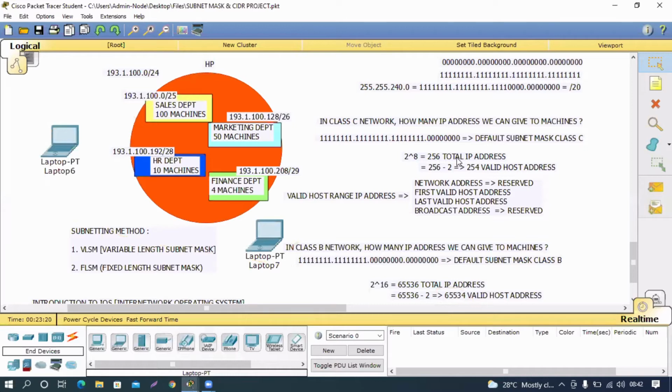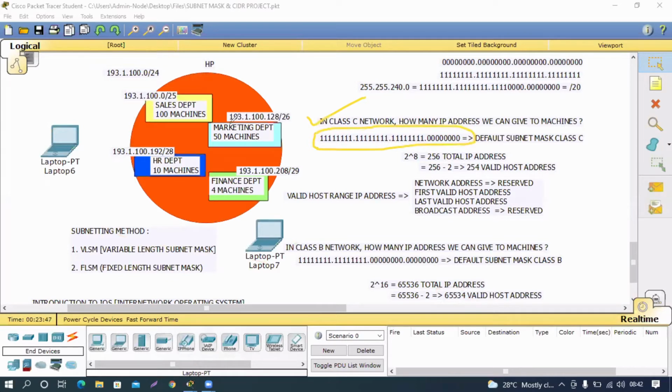But still we are wasting IPs. Even in class C we are wasting IPs. 154 IP addresses are wasted. So what exactly we are doing is dividing the class C subnet mask as per the requirement, so that we can reduce the wastage of IP addresses.